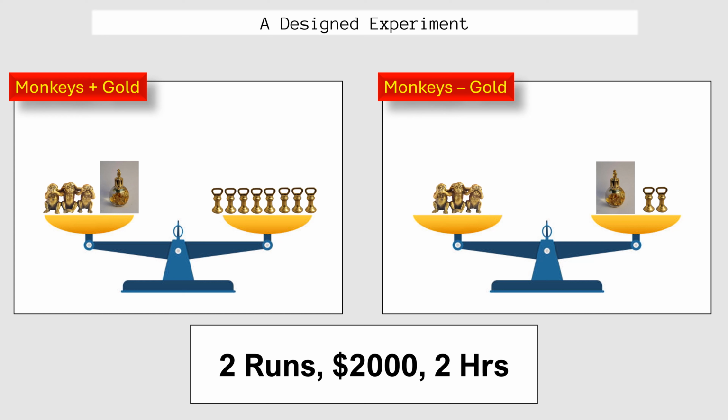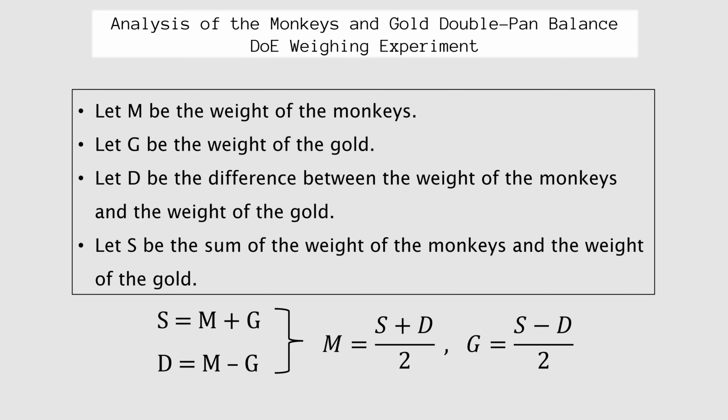But what's interesting is that the more factors that are involved in an experiment, the greater this leverage becomes using DOE. Now remember, I said that the effects are separated out at the analysis phase. Here is shown how the weights of the 2 objects are determined.